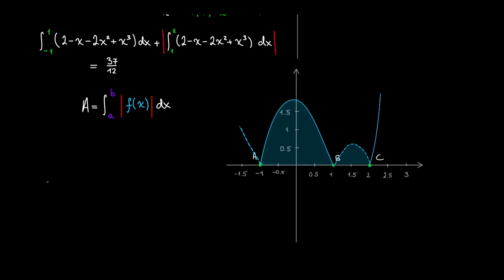Now, this also means that area can now be computed as one single integral instead of two. You can just set an integral from -1 all the way until 2 of our function f of x in absolute value brackets. And the answer that you should get should be the same, 37/12.